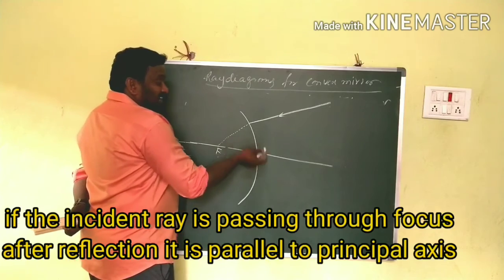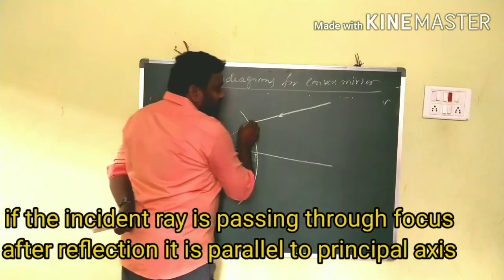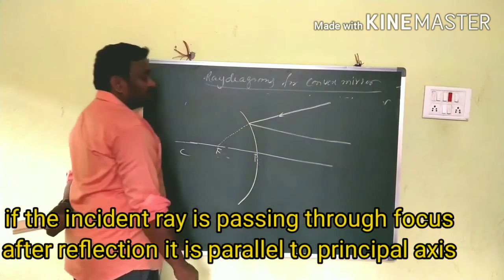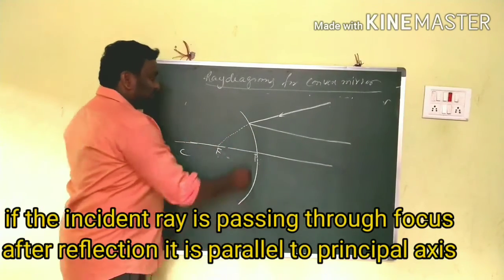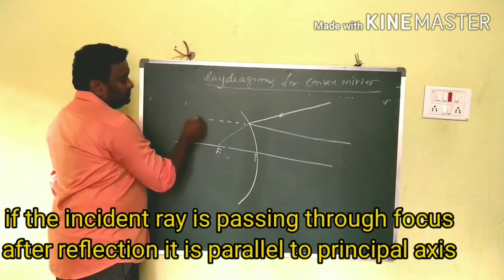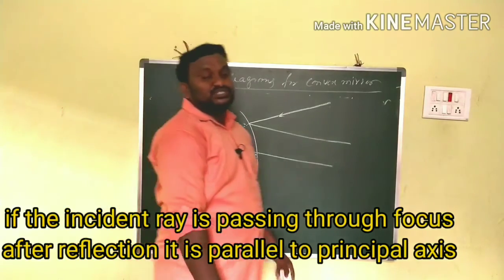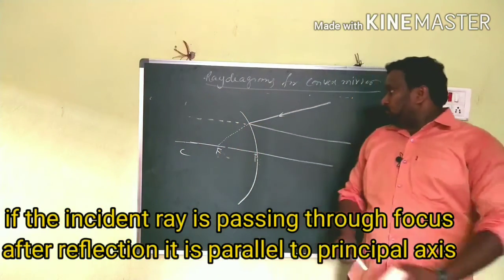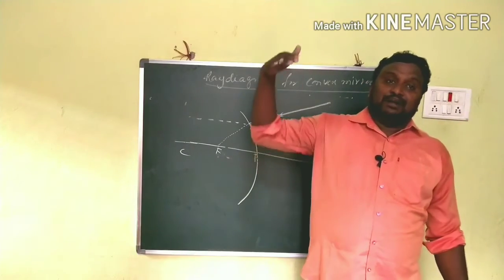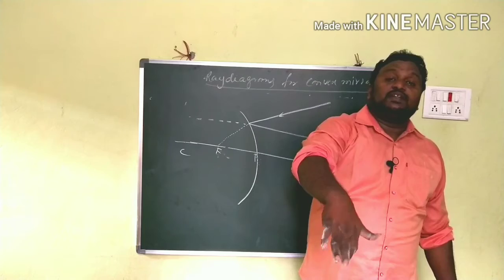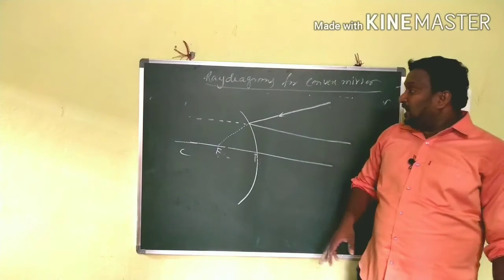Now the reflected ray is parallel to the principal axis like this. So this is the second rule. What is the second rule? The incident ray passes through the focus. After reflection, the ray should be parallel to the principal axis.